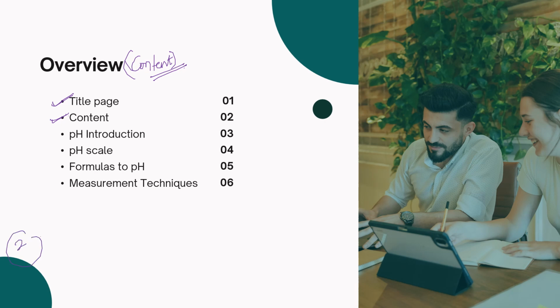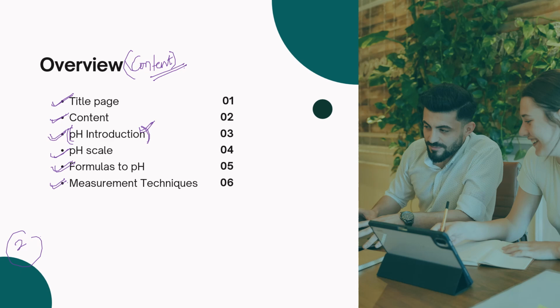Then we will discuss the pH introduction, means what is pH and how it is called pH. Then we will go to the pH scale, how the scale is divided into different parts. Then finally we will discuss the formulas related to pH, how it is determined, and the measurement techniques used in pH measurements, that we will discuss in the next part.